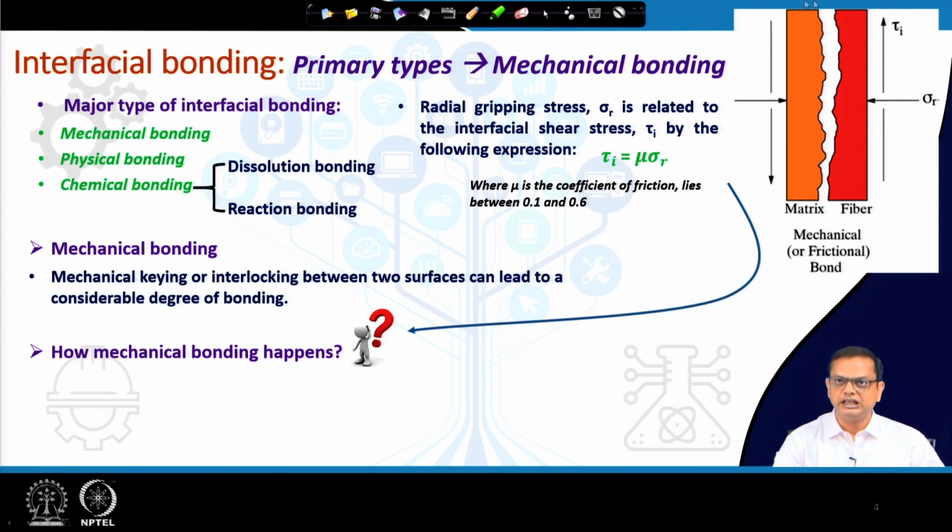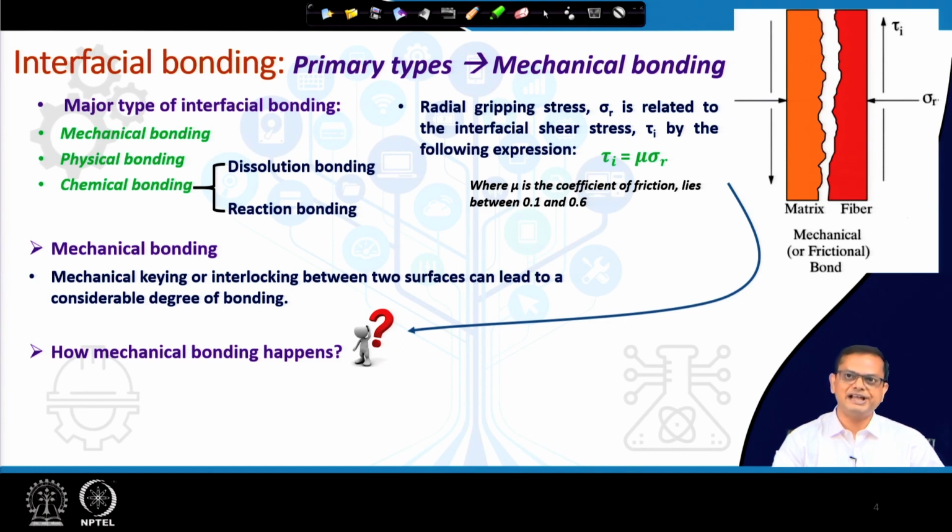Now, how does it happen? If you look at this particular schematic, we can see that in between these two surfaces there is roughness, and let us say one is matrix, the other one is fiber. The matrix is, let us say, getting solidified on the surface of the fiber. Because of this solidification shrinkage, there will be a radial gripping stress acting radially on the surface of the fiber, right.